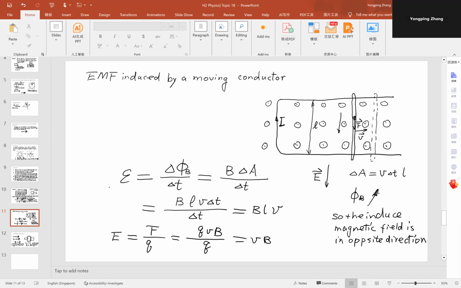A changing magnetic field induces an electric field.